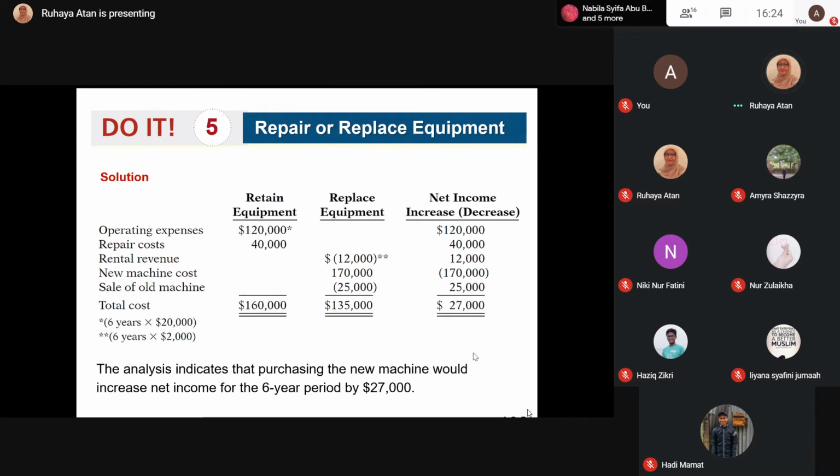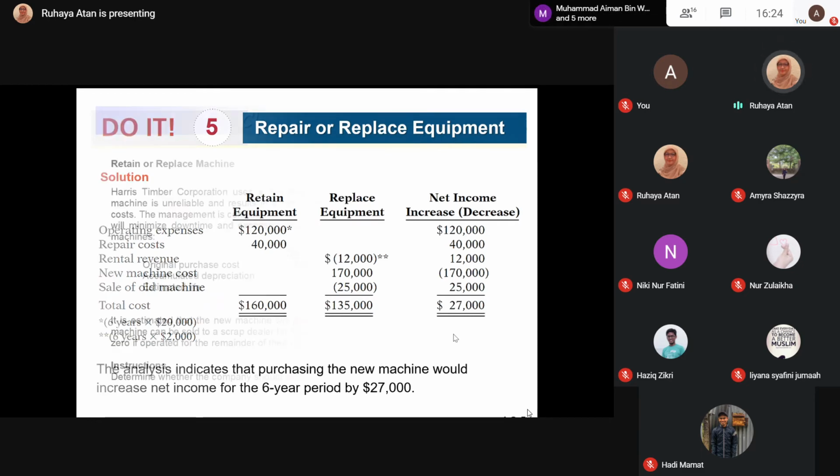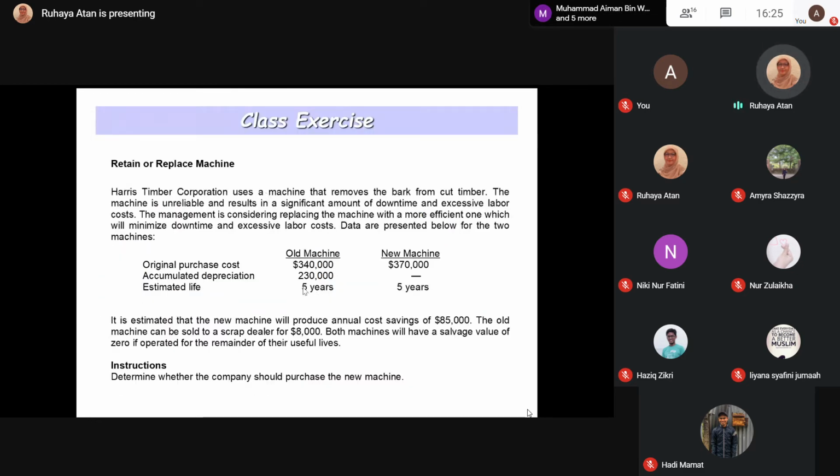So again here we just compare what are the relevant costs involved if you were to retain or replace the equipment. At the end of the day, you can see whether there is any incremental difference or not, and the one that benefits you will be your answer. This is an exercise.